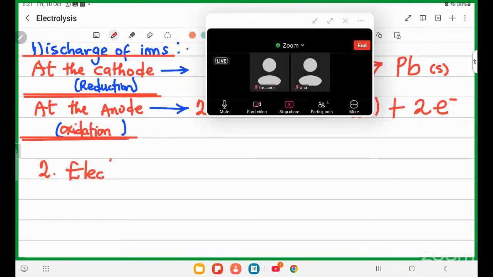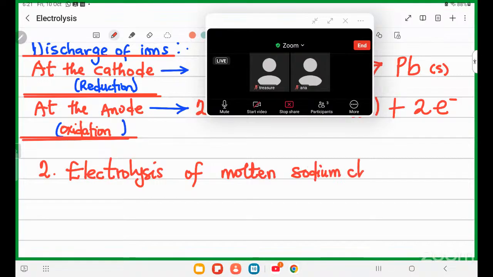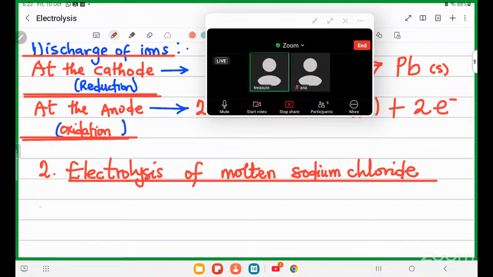electrolysis of molten sodium chloride. Now, Treasure, can you tell me what the electrolyte is? What would be the electrolyte? Sodium chloride.